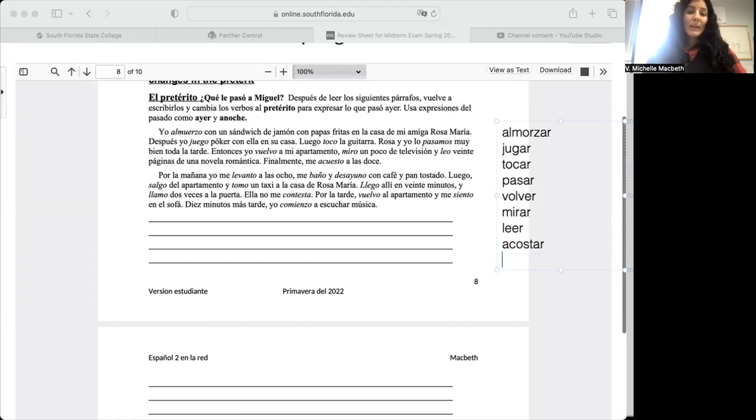Por la mañana yo me levanto, levantar. Me baño, which is bañar. Desayuno, desayunar. Luego salgo, which is salir. And tomo, which is tomar. Luego llego, which is llegar.